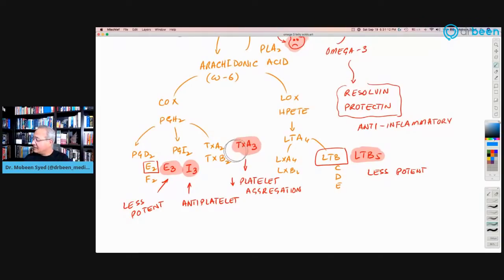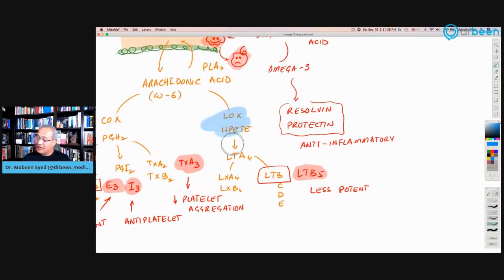This is beautiful. Similarly, when we have arachidonic acid, we make thromboxane A2. But when we have omega-3, we make thromboxane A3. And thromboxane A3 reduces platelet aggregation as well. So that is also anti-thrombotic. So the hypercoagulable state can be managed by omega-3.